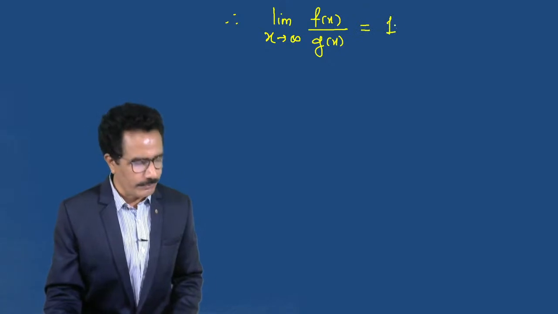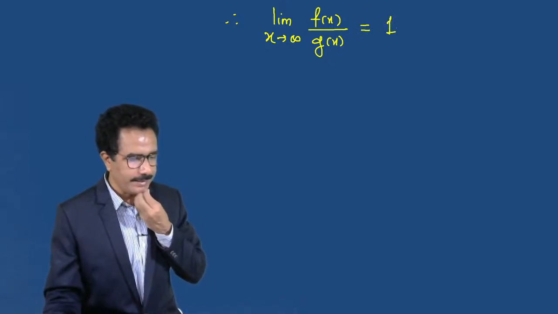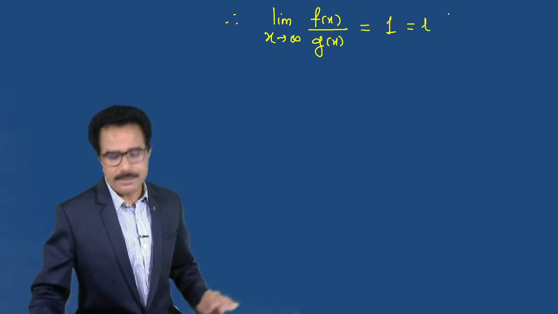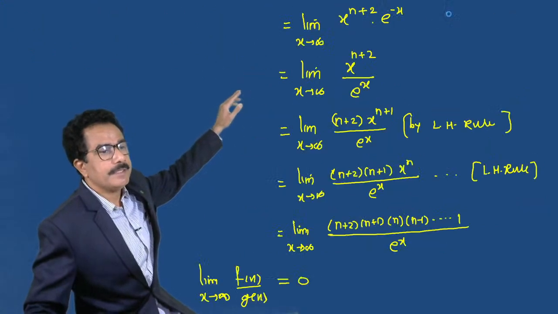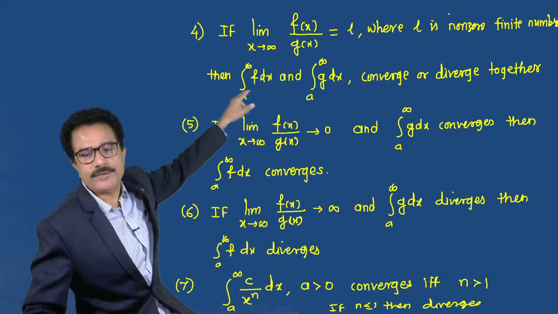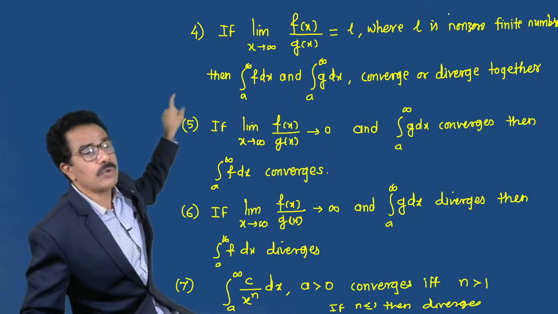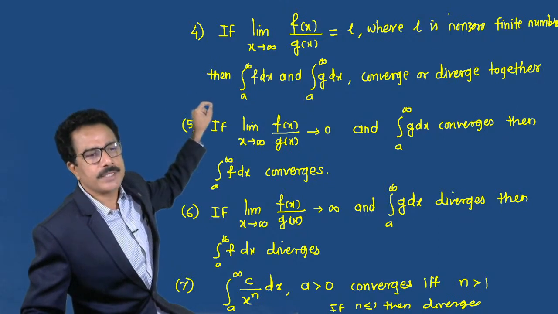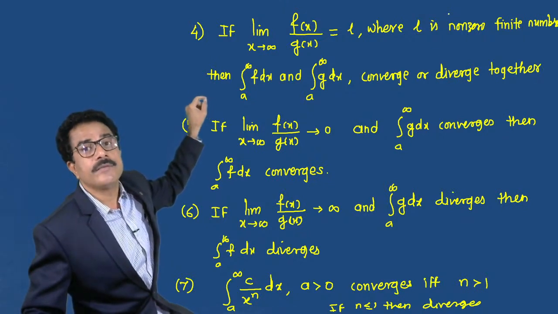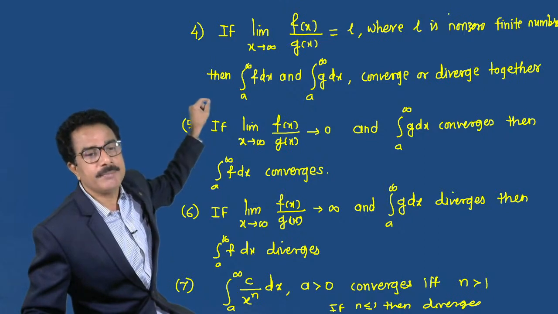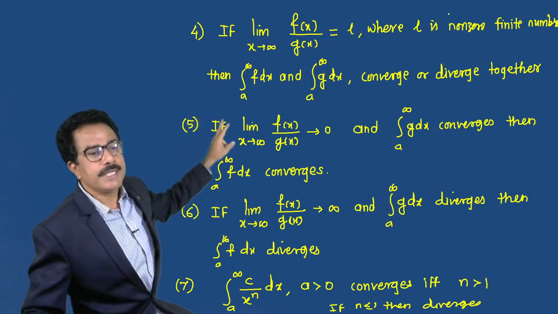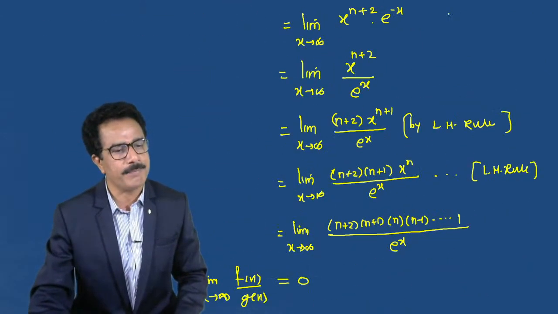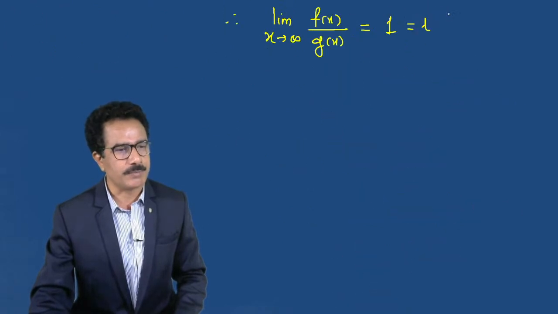Actually it tends to value 1, and 1 means actually real, that is L. Then according to the comparison test, see note number 4: f of x divided by g of x equals L, where L is a non-zero finite number, so L is 1. Then f and g converge or diverge together, that means both have the same behavior. So we can use this property.